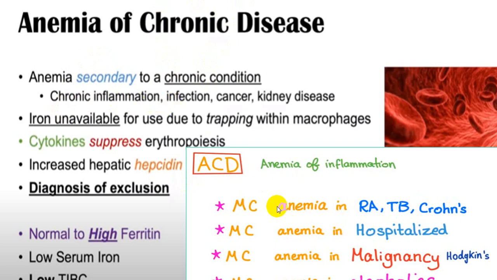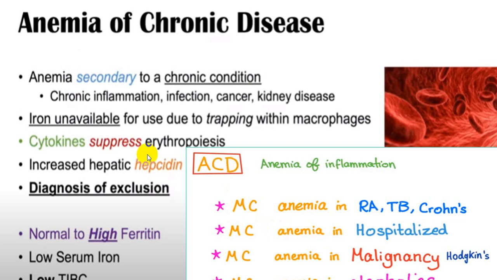Another very common one is a person who has been hospitalized and is having an acute illness. So infection also comes very commonly. Then comes malignancy, and in malignancy, Hodgkin's is the most common. CKD is another common group which can be included in chronic disorders. And don't forget alcoholics.